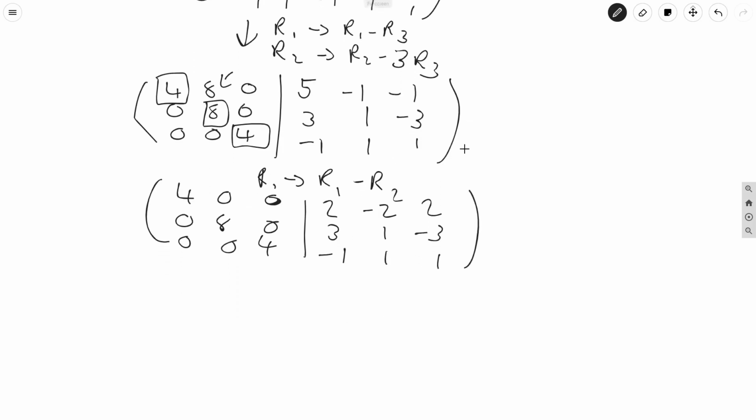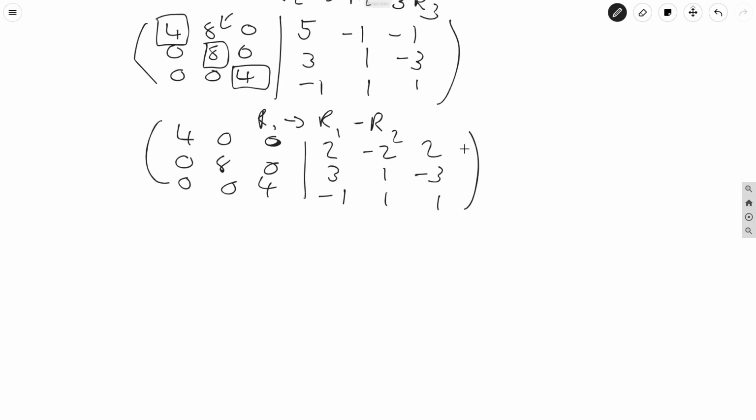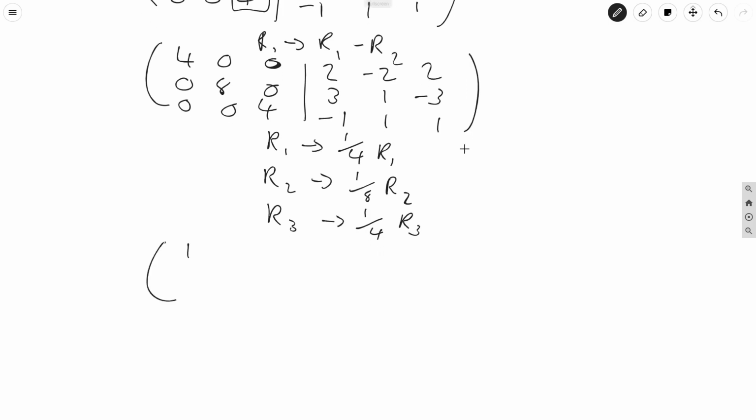Okay? And now we can divide across by all of our middle entries to turn this into the identity. Remember that we want 1s on this left-hand side of the equation, so we can divide across by these entries to get them to become 1s. So row 1 gets sent to a quarter row 1, row 2 to an eighth row 2, and row 3 to a quarter row 3. Okay, and this gets us the identity matrix on the left.